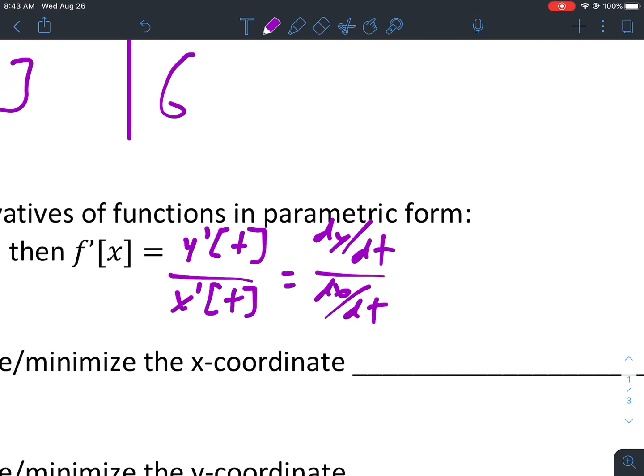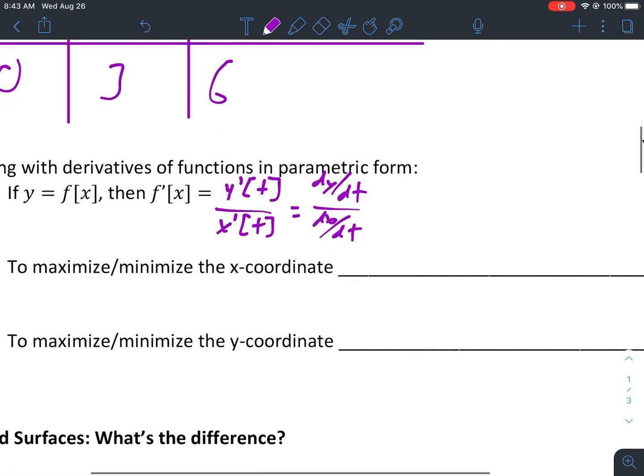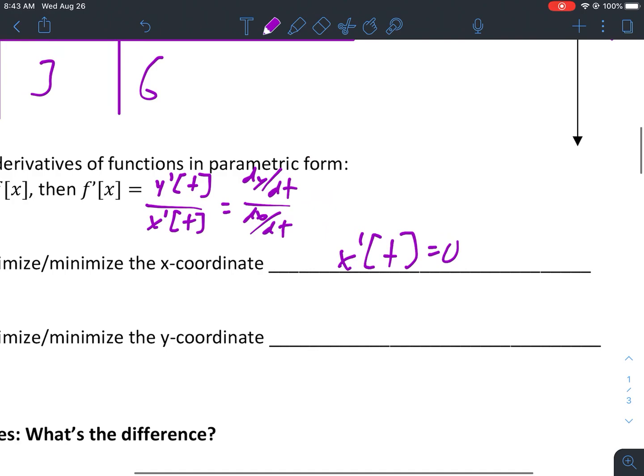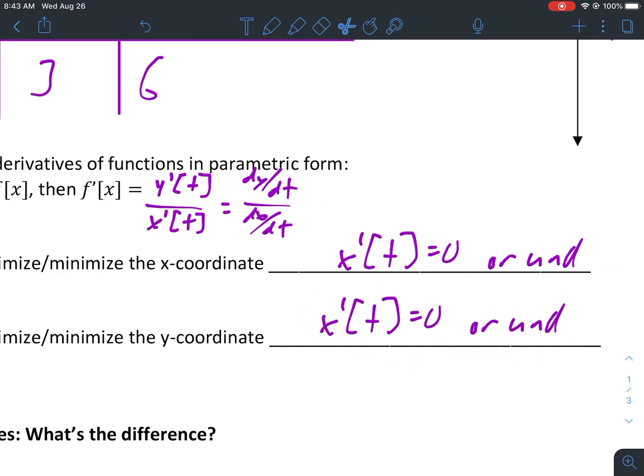Obviously, we know those mean the same thing, so it just depends on how you want to write it. To maximize or minimize the x coordinate, you want to set the x derivative equal to 0 or undefined. And same thing for the y coordinate, except this time we are going to use the y derivative.